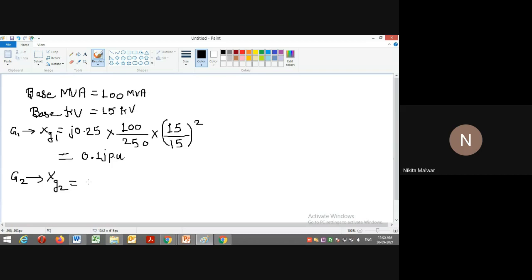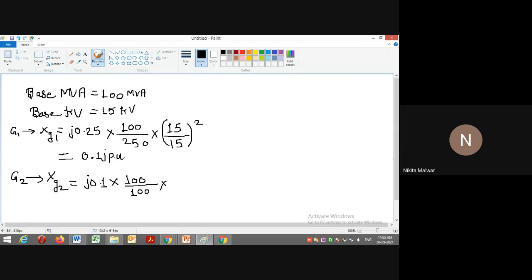It is 10%. So let us put here 0.1. 10% means 0.1. You can directly put it and multiply with the MVA base new. MVA base new is 100 and MVA base old is also 100.